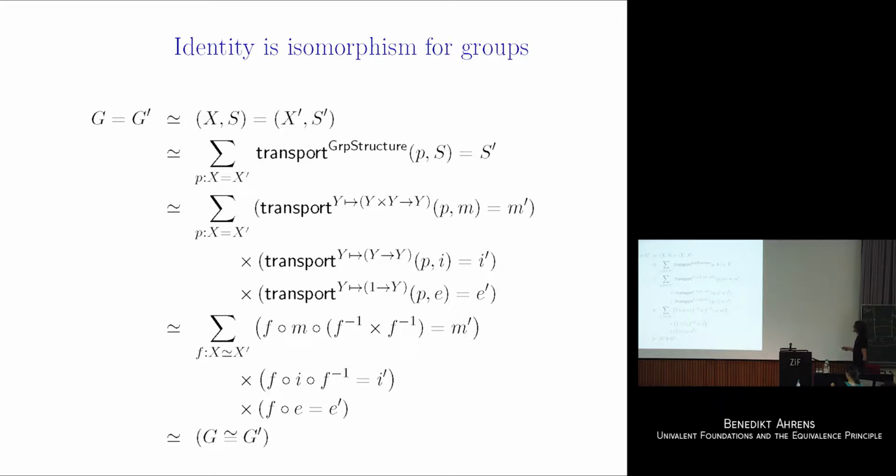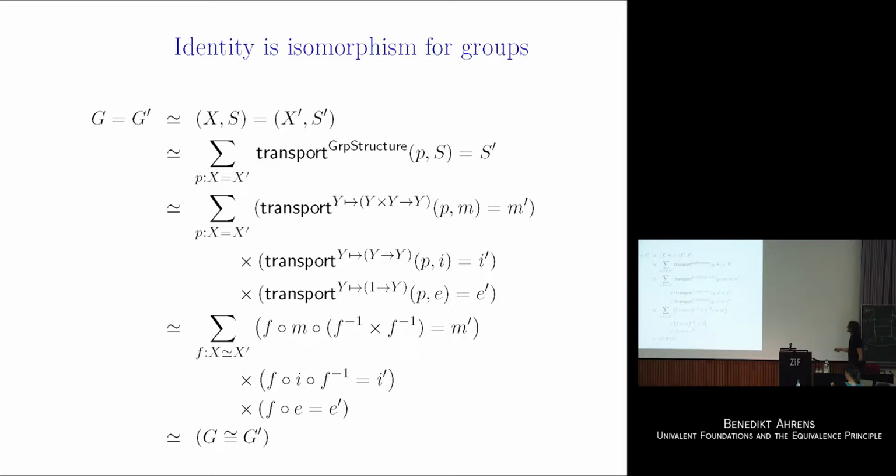There's very little intuition for what this transport does, but we can show that we have an equivalence between the types of identities from X to X prime, which are sets, and equivalences. This is an equivalence of types between X and X prime.